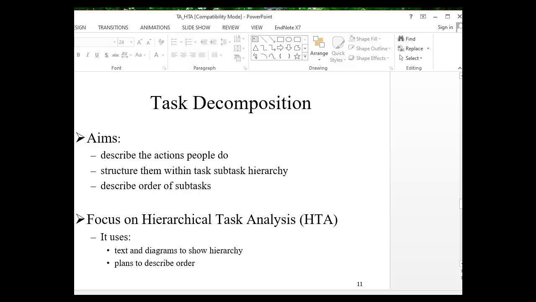Task decomposition we already discussed, and here we will study the aims of task decomposition. The first aim is to describe the actions people do and structure them within a task subtask hierarchy. First of all, it will list the job or the task of the customer or user.